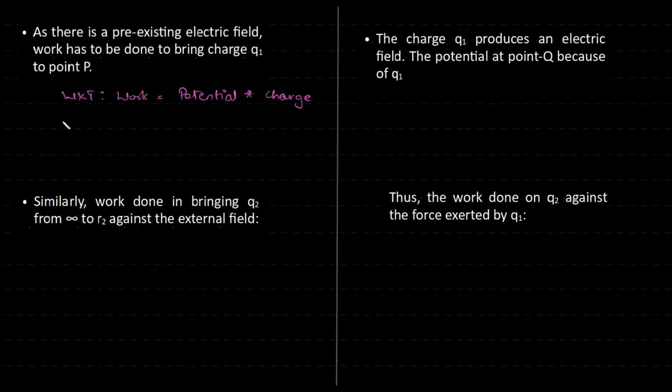So here the work or the energy is equal to potential at P times Q1 in this case. Now work done in bringing Q2 similarly would be U2 is equal to V of Q into Q2.